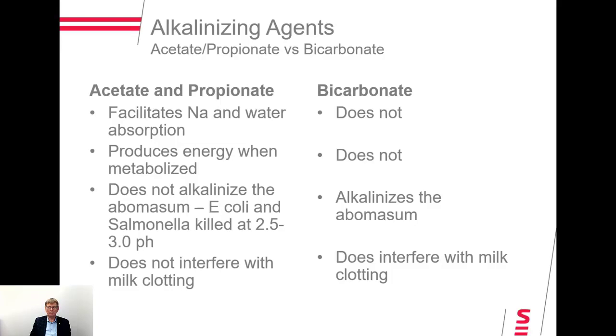And why is that important? Because when we have an E. coli or a salmonella issue on your farm, it's important that the abomasum will be able to maintain the pH at which E. coli and salmonella are able to get killed off. And last but not least, acetate and propionate, unlike bicarbonate, does not interfere with milk clotting.